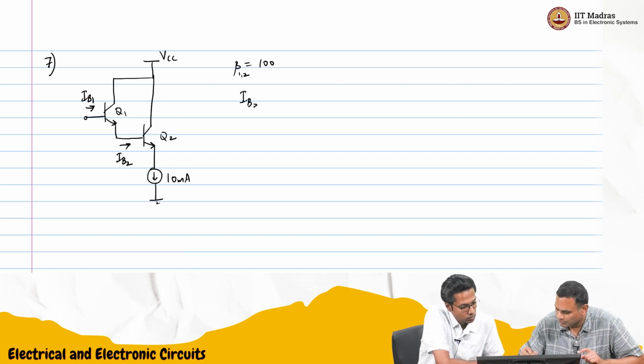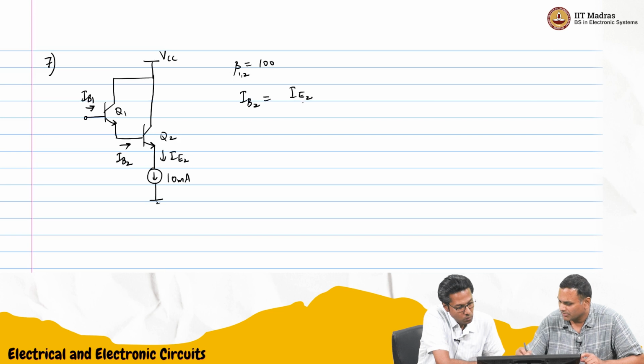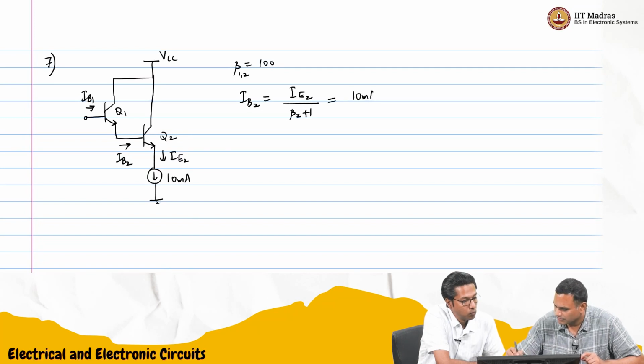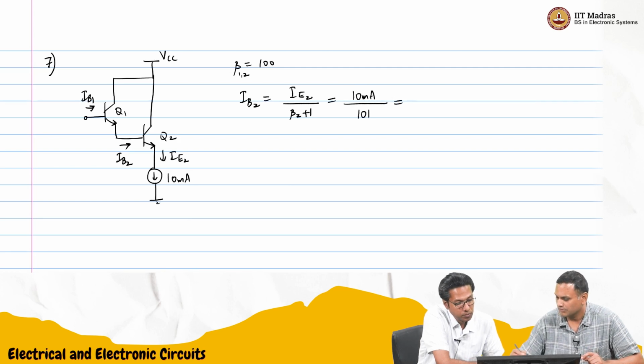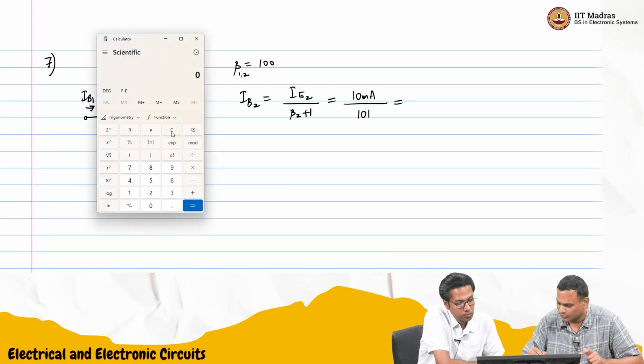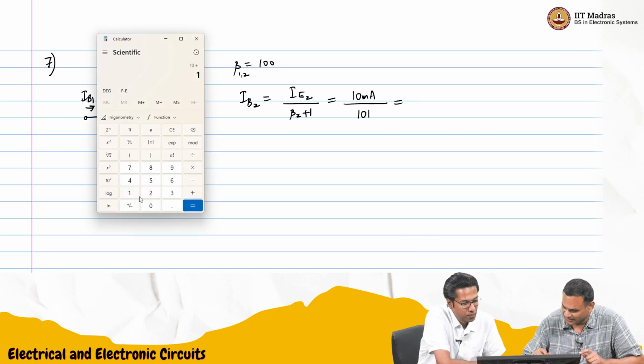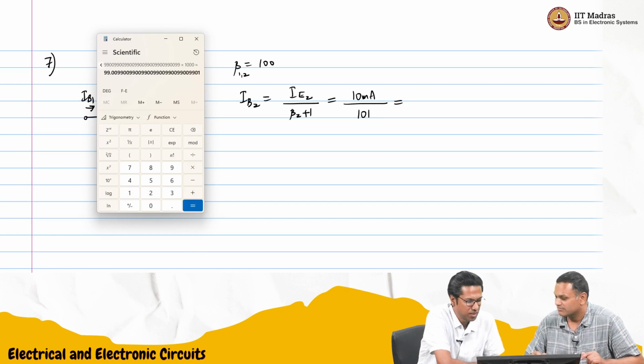IB2 is IE2 by beta 2 plus 1. So this is 10 milliampere by 101. Maybe we'll calculate it exactly: 10 divided by 101, so this is 99 microamperes.